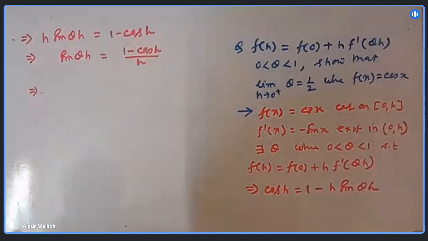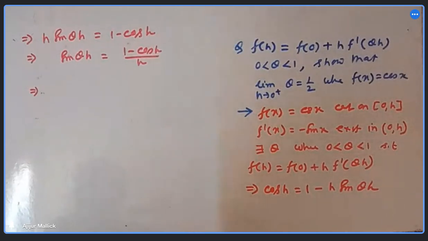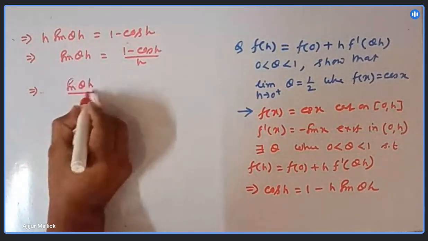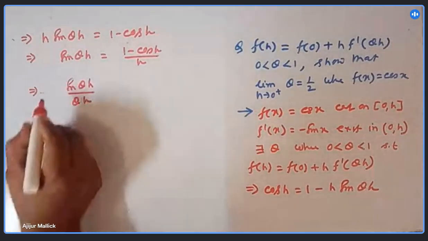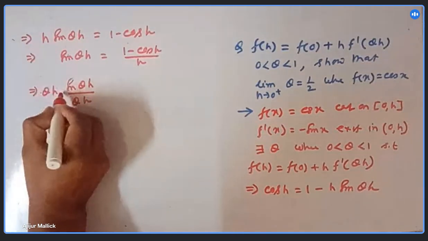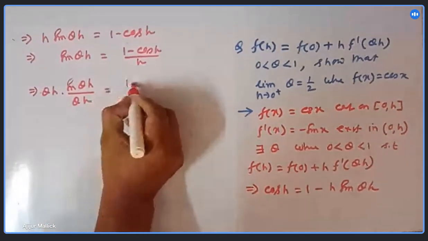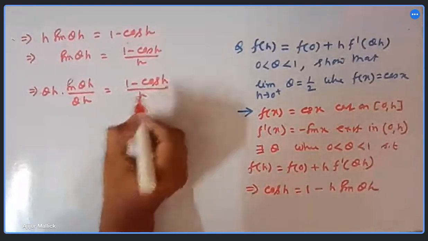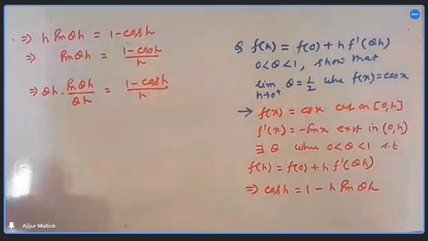We know the standard formula, the limit of sin x by x is 1. We shall use it here. So sin theta h divided by theta h into theta h gives 1 minus cos of h divided by h.